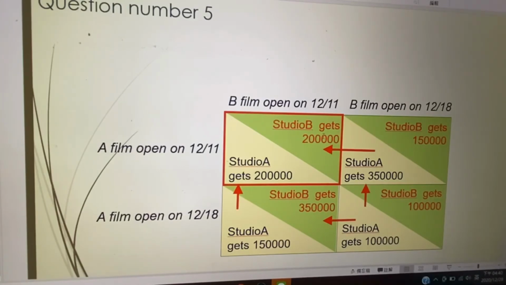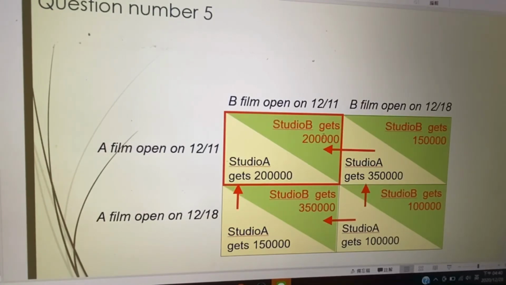If Studio B opens on December 11 and Studio A opens on December 18, Studio B will sell 350,000 tickets and Studio A will sell 150,000 tickets. If B opens on December 18 and A opens on December 18, they will both sell 100,000 tickets.